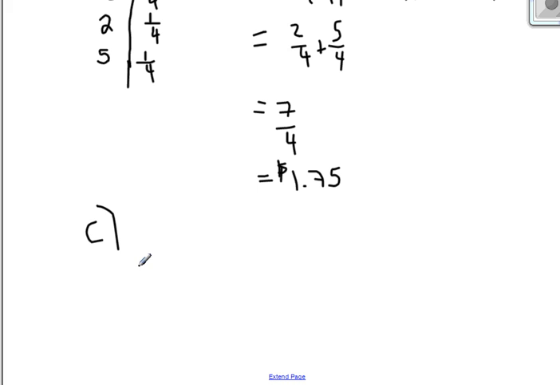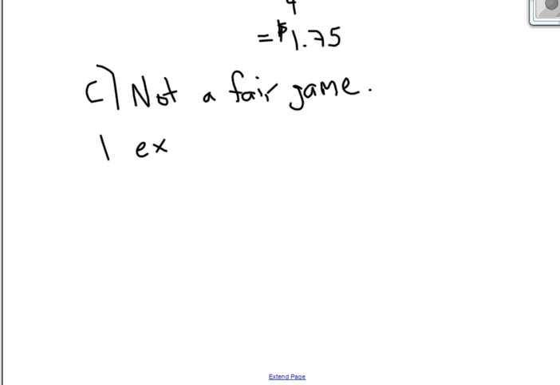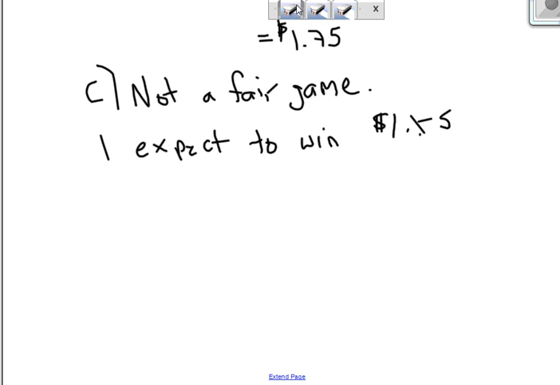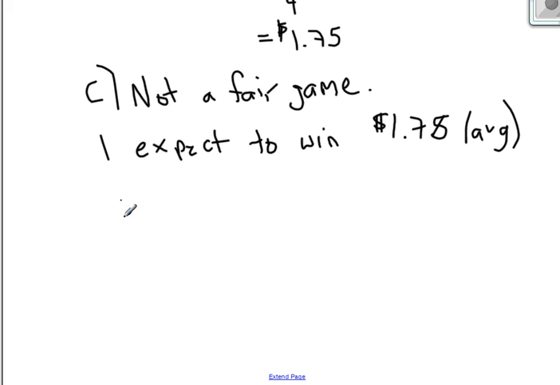So it does, however, say explain. So first of all, it's not a fair game. So make sure you can explain why not. So I'm going to say that I expect to win $1.75. Oh, that's kind of like a Sanskrit looking 7. So I expect to win $1.75 on average per game.